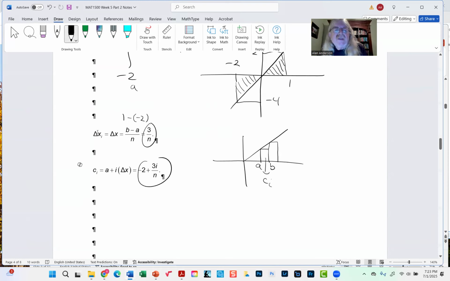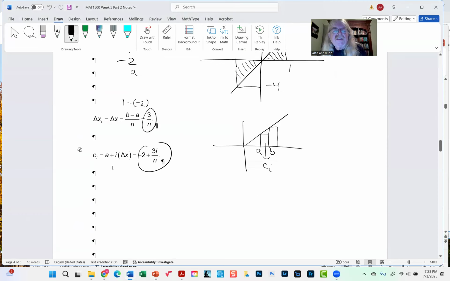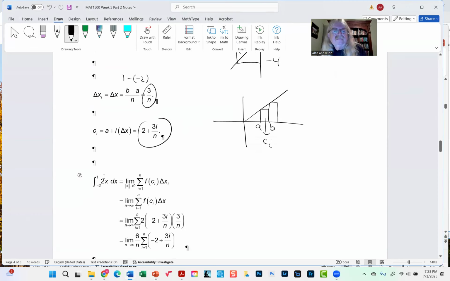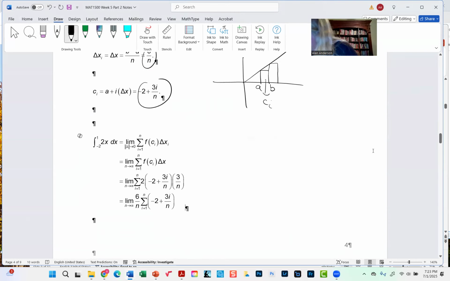And now we can take our limit. Let's take a look at this. Let's follow along their logic. So again, here's how we proceed.